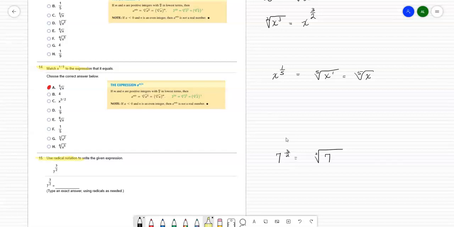And we have the numerator, which is the exponent. But again, we don't have to actually use this 2 here because the square root is just the square root. So I do want to take 7 to the 3rd power, and I want to simplify that. 7 times 7 times 7, which is 343. So this is another way of writing the square root of 343.